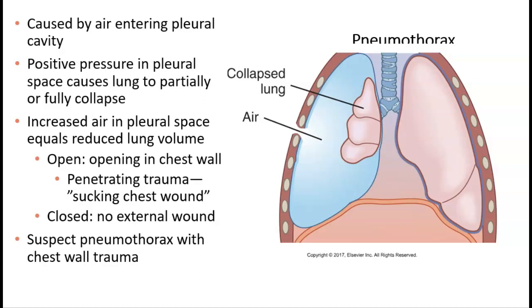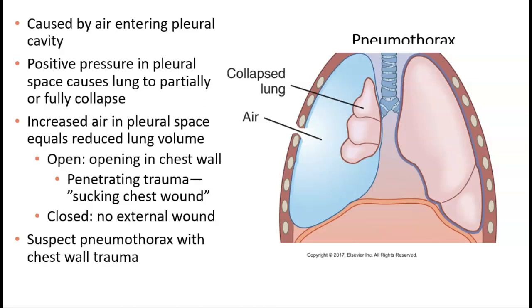So these would be perhaps caused by, let's say, somebody had a bronchoscopy. That would be a closed pneumothorax. Somebody who has an emphysematous bleb that ruptures, that would be closed. The one that's, of course, the most dangerous would be the closed, because there's nowhere for the air to go.